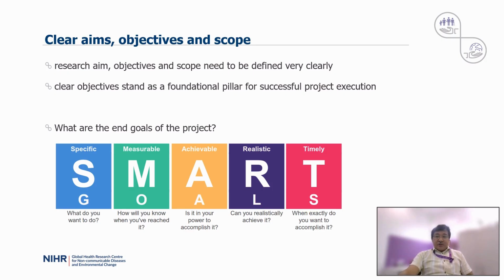The project management principle of clear objectives stands as a foundational pillar that sets the stage for successful project execution. Essentially, this principle emphasizes the need for defining definite project objectives, defining scope, and clarifying deliverables from the outset.